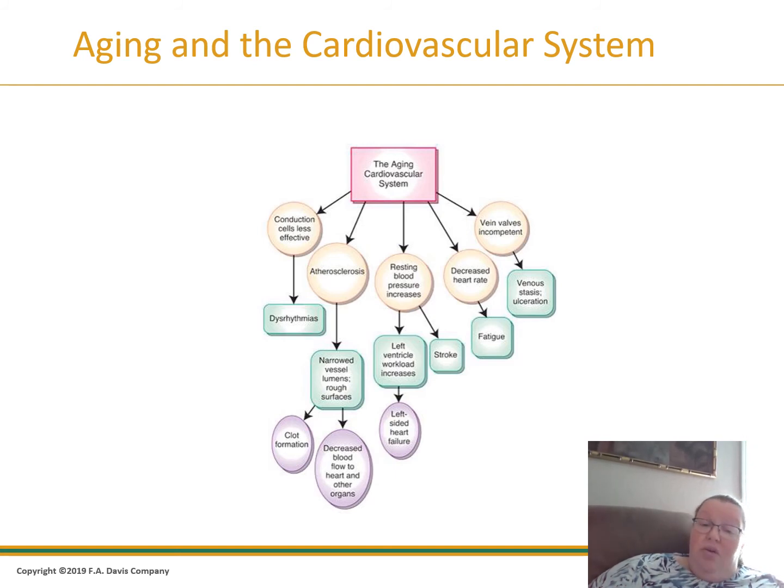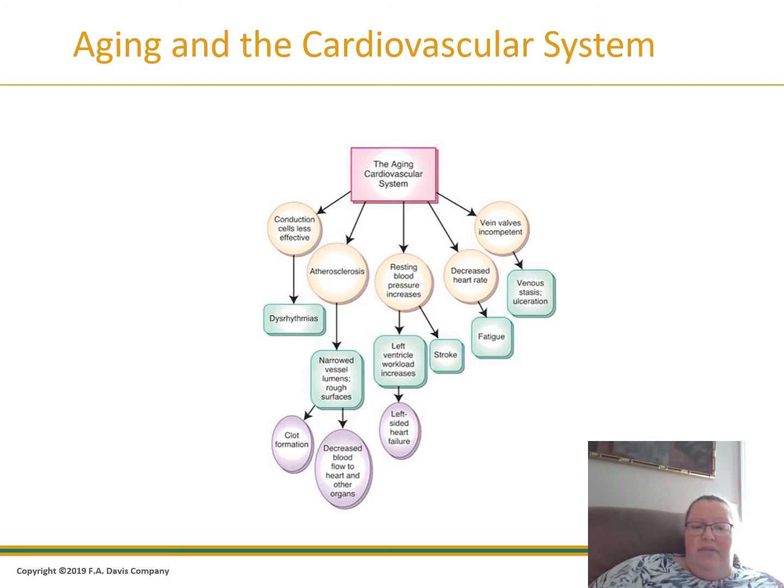They have a decreased heart rate, and the vein valves are incompetent, meaning more varicose veins, right? So we have dysrhythmias are more likely to occur, narrow vessels and lumens and rough surfaces are happening, left ventricle workload increases, strokes are more likely to occur, patients are more likely to suffer from fatigue and have venous stasis ulcers.